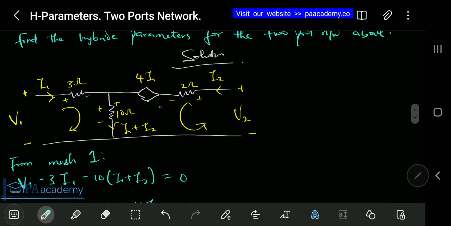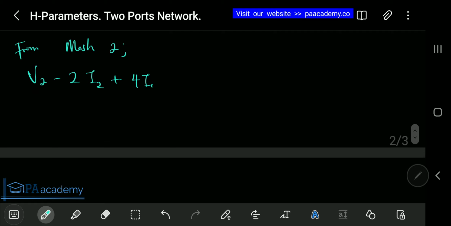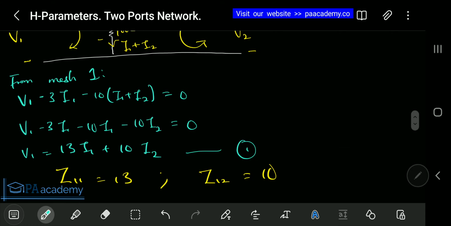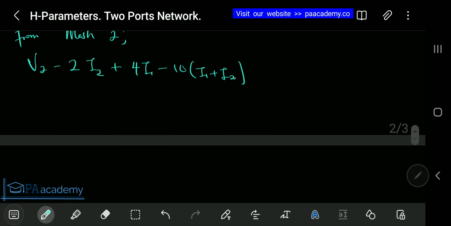So plus 4, so okay, there's a polarity, and that was minus and plus 4, then minus 10 into bracket I1 plus I2. So are we good? So you remember, once you are coming towards this direction, and then once it comes here, so that will be minus 10 I1 plus I2, because that's the current that is flowing through this particular branch. Exactly, that's why we're having I1 plus I2.